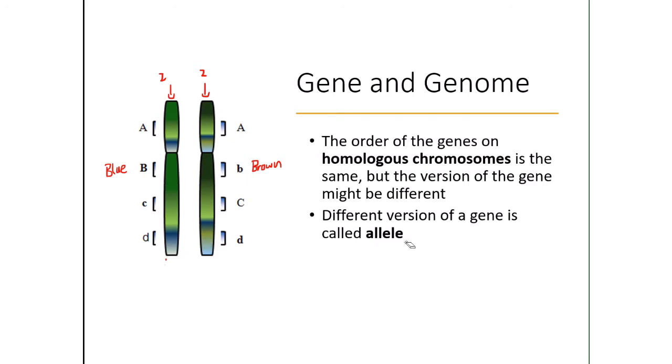We call that an allele. Along the entire homologous chromosomes, some of the genes are going to be the same version. For example, if both of your parents have the same eye color, then this could be big B and big B. They don't have to be different, but there is going to be some variation, because your mom and dad are not genetically identical.